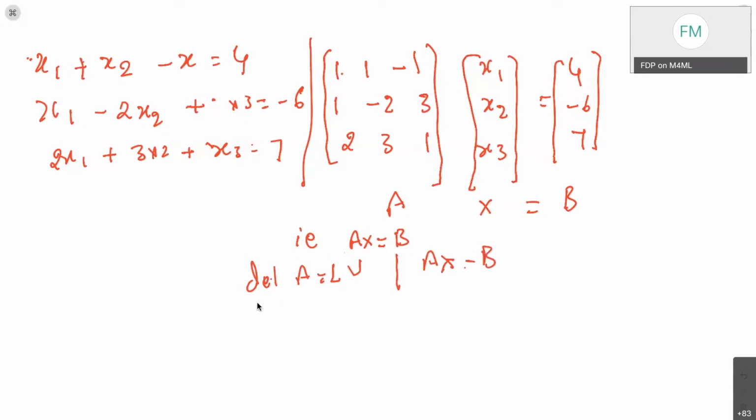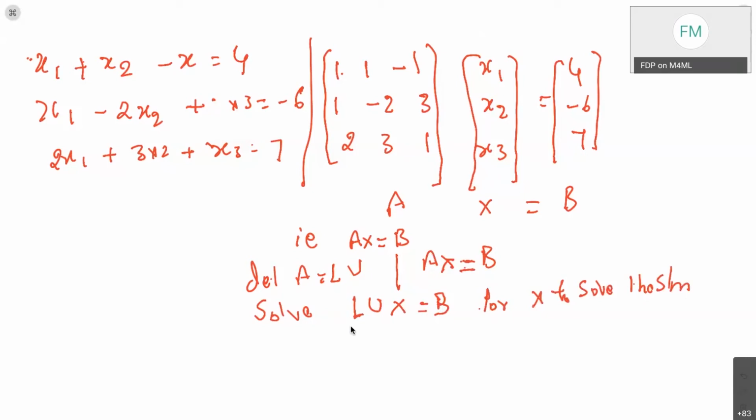So now we'll try to solve LUX is equal to B. We are replacing A with LU in AX is equal to B, so that becomes LUX is equal to B, for X to solve this system, right?